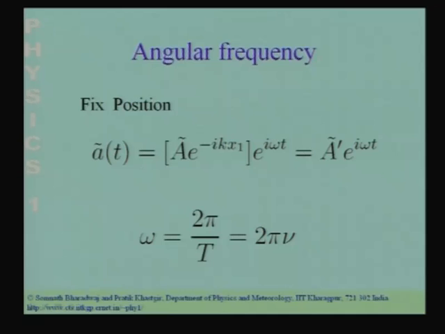So, A tilde as a function of time is A tilde prime, this complex amplitude, into e to the power i omega t. Now, recollect that this is just like the simple harmonic oscillator which we have studied. We have a time dependence which is e to the power i omega t. So, you should take only the real part. So, you have a time dependence which is cos omega t.